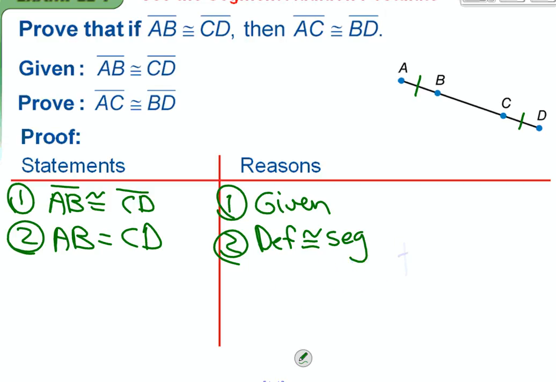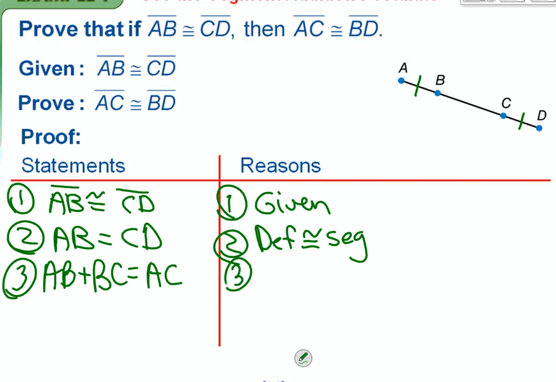Shelby, can you tell me this little piece plus this little piece equals that whole thing? And do you remember what the reason is for that?